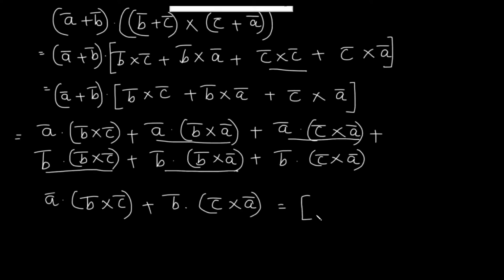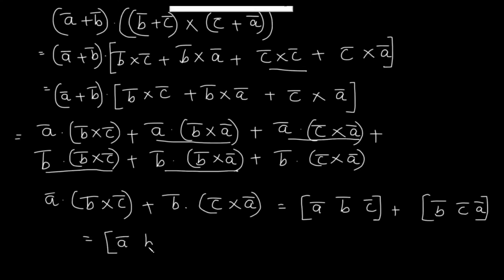Which can be written as box ABC plus box BCA. Now, this becomes box ABC. And in the second term, what we do is that we do a cyclic change of the vectors. So B comes here, C goes to the third position, and A comes to the first position.